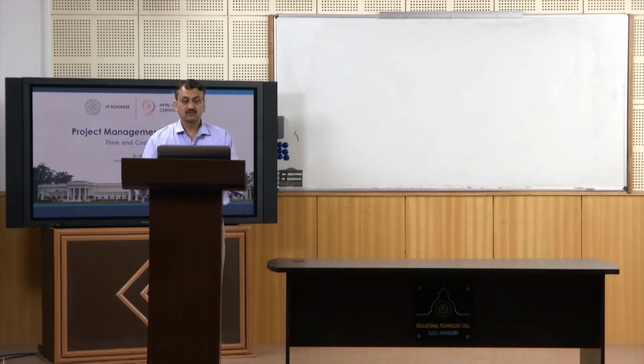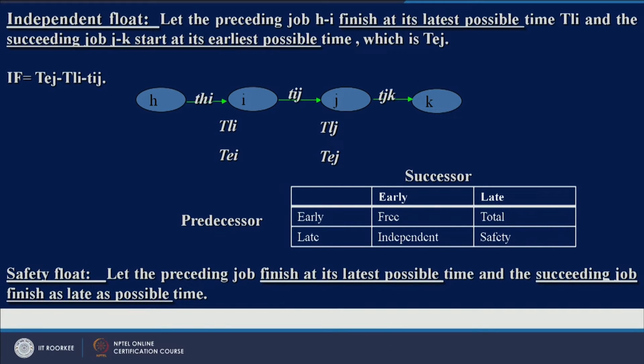The preceding activity is finishing as late as possible, while the succeeding activity is starting as early as possible, minus the duration of the activity. Safety float: let the preceding job finish at its latest possible and the succeeding job finish as late as possible. So, this is safety float.